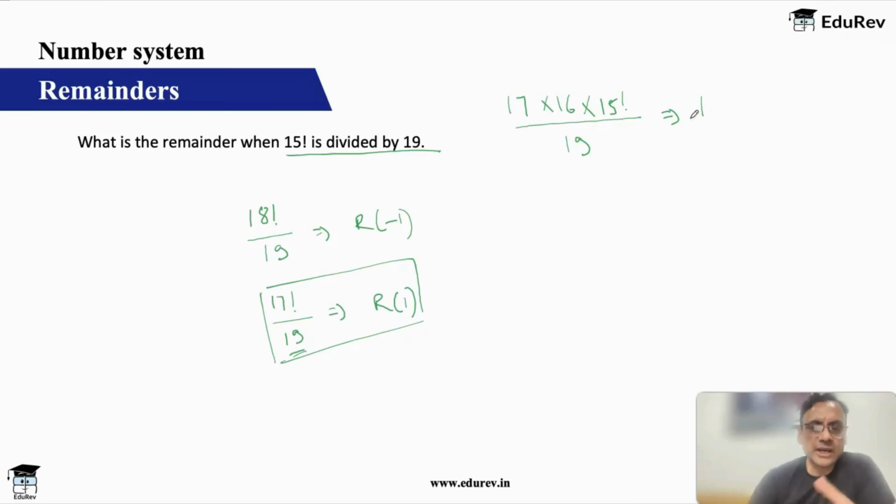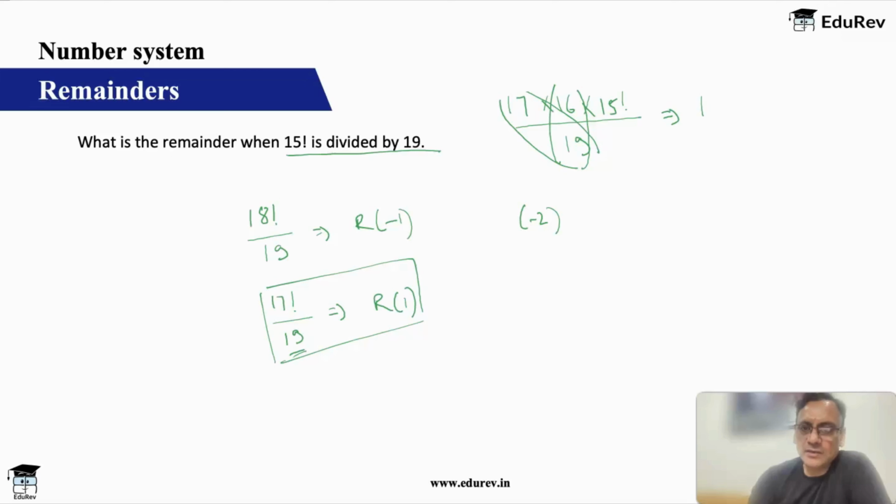Because 17 factorial upon 19, I know from the modified Wilson's theorem, gives me a remainder of 1. Let's divide these separately: 17 by 19, 16 by 19, and 15 factorial by 19 anyway. So 17 divided by 19 will give me a remainder of 17 or -2.